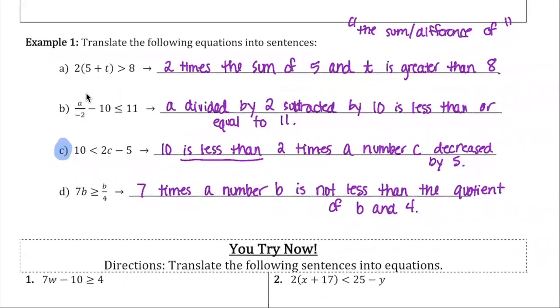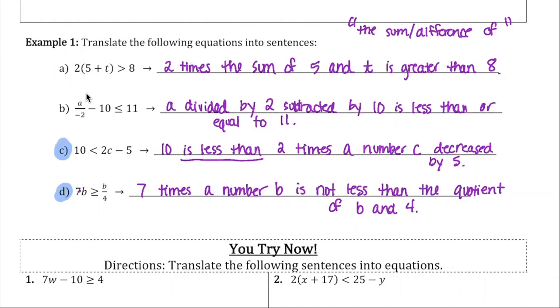Same thing if you look at the next one, example D. Here, however you chose to say 7 times the number B, because that is exactly what we were doing. We were multiplying. So you could have done the product of 7 and B, 7 multiplied by B, 7 times the number B. All of those phrases would have been fabulous to represent that.